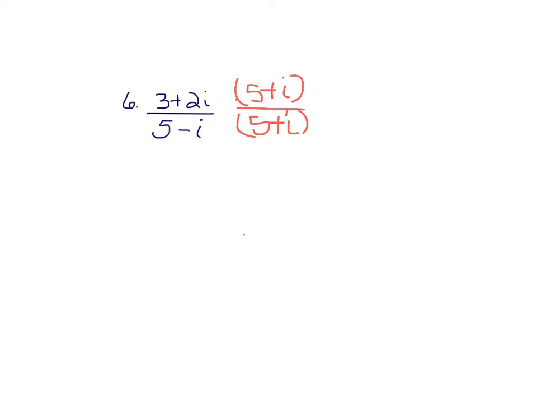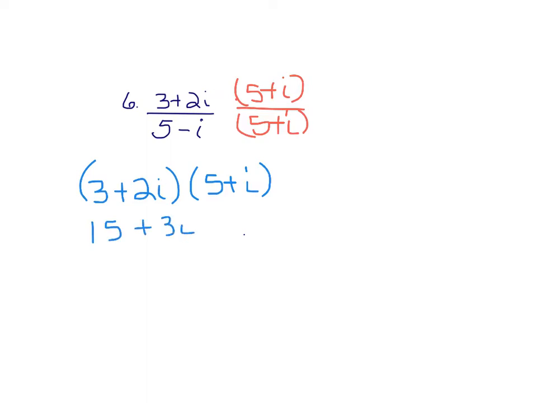So when I FOIL the top, I'm going to take 3 plus 2i, multiply it with 5 plus i, and I get 15 plus 3i plus 10i plus 2i squared. Again, I'm going to group my middle and take out the i squared.